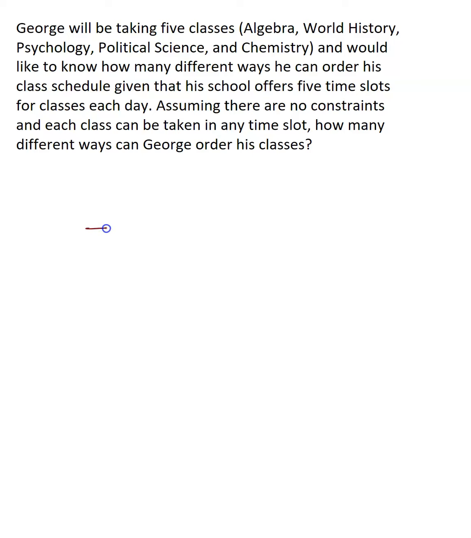So 1, 2, 3, 4, 5. 5 slots, right? And he can choose any class, isn't it? Each day. So in the first spot, we have 5 classes that he can choose, right? So 5 classes. The second slot, he only gets to choose from 4 classes because he's already chosen one of the classes in the first slot.